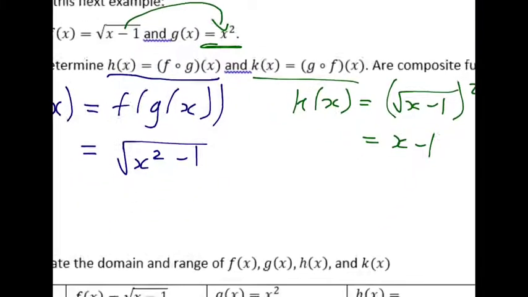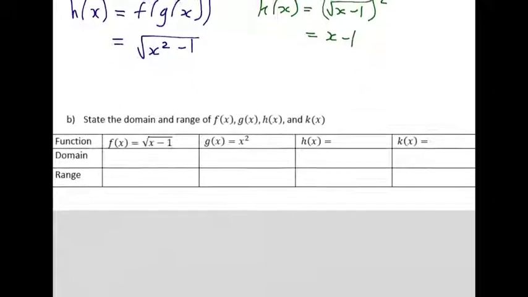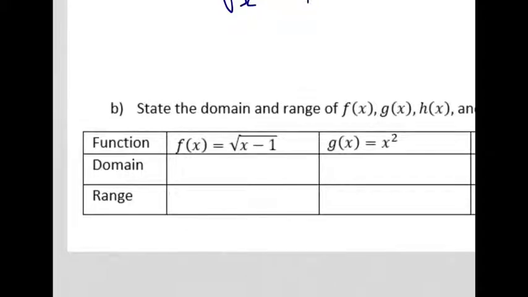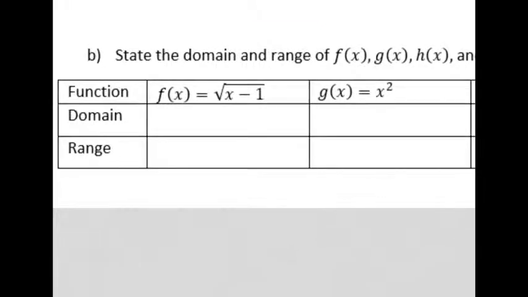Okay? Alright, so let's look at the domain and range of each of these functions and see what happened. So the domain of f of x, what would that be? What numbers can x be? Everything greater than or equal to positive 1.